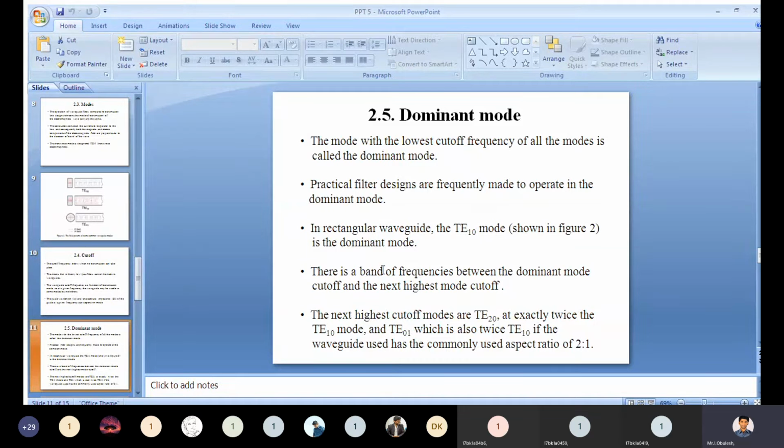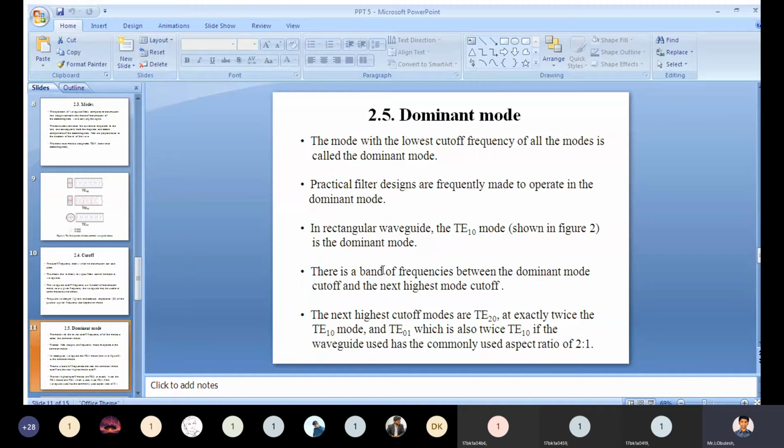Between cutoff and the next highest mode, this is the only mode it is possible to transmit, which is why it is described as dominant. Any suppressed modes generated are rapidly attenuated along the length of the guide and soon disappear. Practically, filter designs are frequently made to operate in the dominant mode.